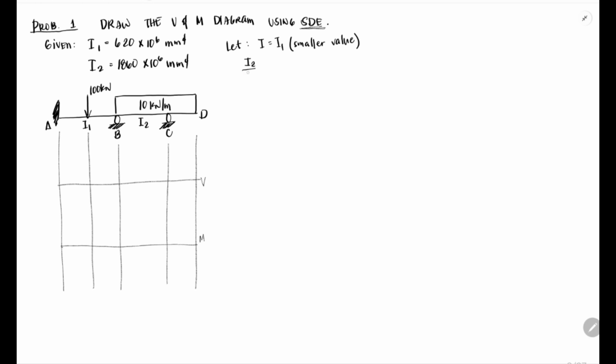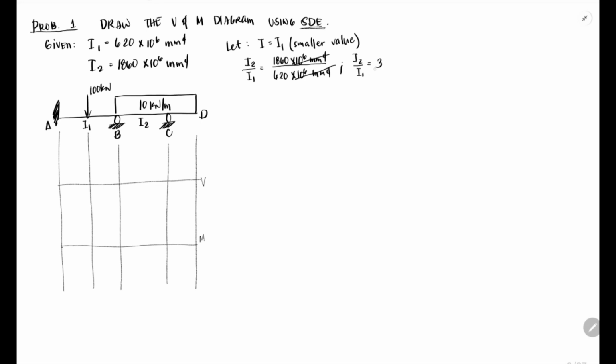We have I2 over I1 is equivalent to, lagay lang po natin yung value, 1860 times 10 raised to 6 mm raised to 4, and then we have 620 times 10 raised to 6 mm raised to 4. Since ito, magka-cancel, so therefore, our value for I2 over I1 is equivalent to 3.